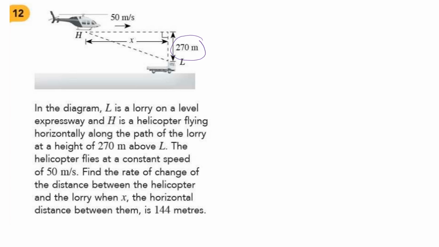It's the height between the helicopter and the lorry. That one is fixed at 270 meters. So what is changing is your x, the horizontal distance of the helicopter and the lorry, because when the lorry moves, the helicopter also moves. So x is the one that is changing. And another variable, another dimension that's changing, will be your distance HL.